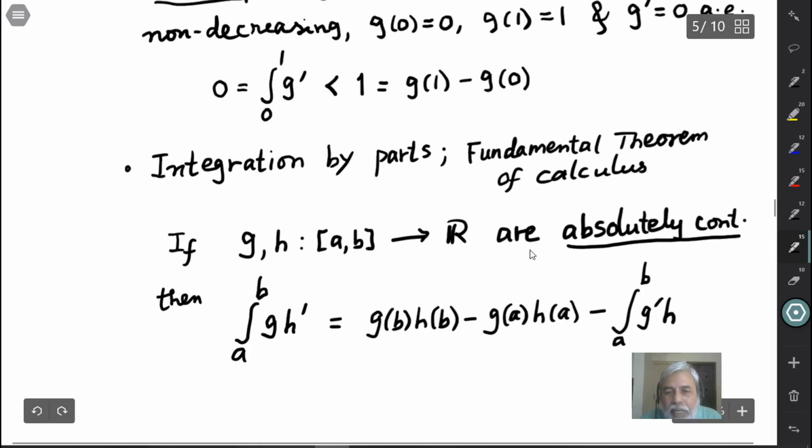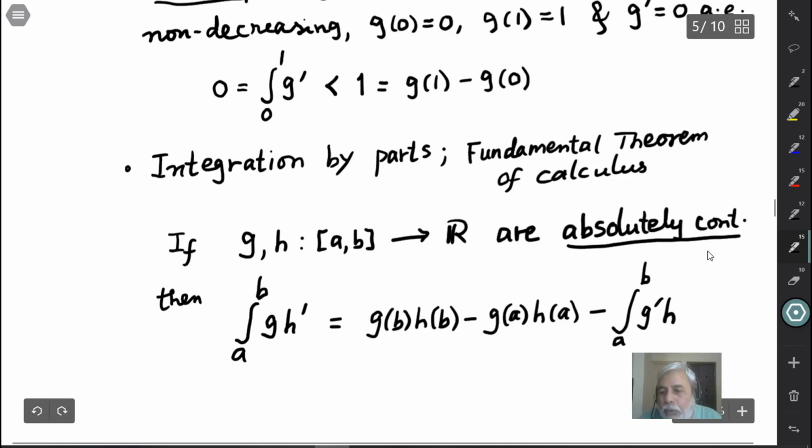Here is one instance where integration by parts holds true: if g and h from this closed interval to R are absolutely continuous. This is another subtle class of continuous functions, more than continuity, called absolutely continuous functions.